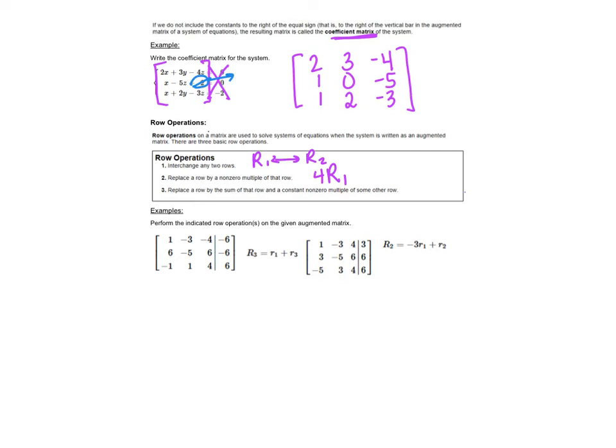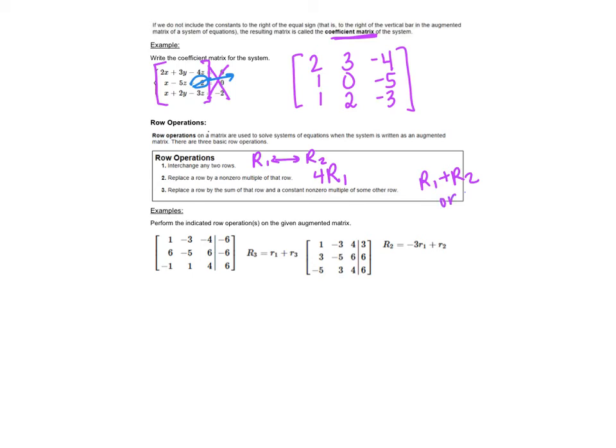Then I could replace it by the sum, adding 2 rows together, whether I'm just adding them the way that they already are, or adding them after they've been multiplied. So one way I could look at that, I could have row 1 plus row 2.